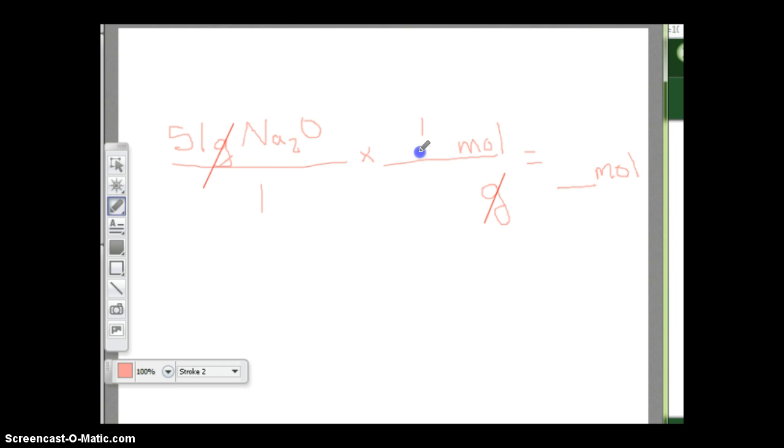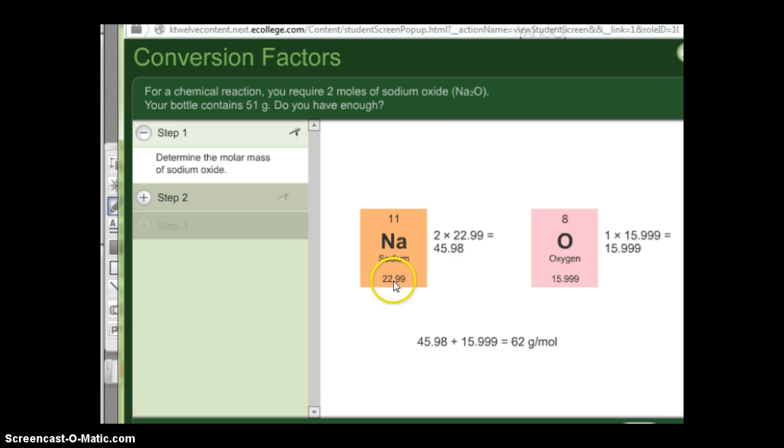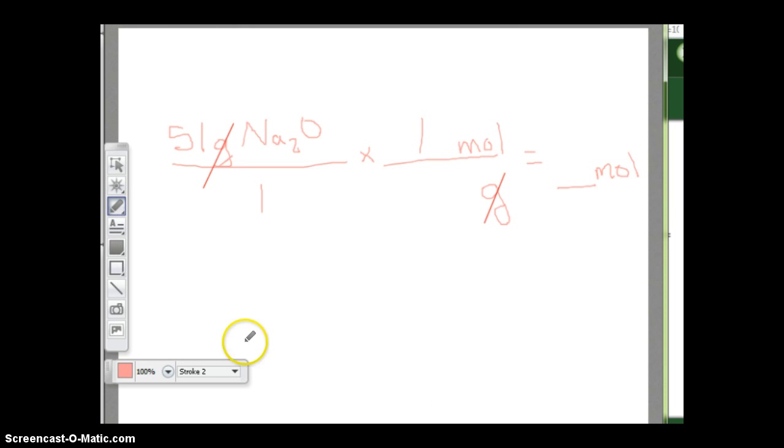Okay, so 1 mole is how many grams? Well, I want to look at my periodic table. And so when I do, each sodium is 22.99. All right, so sodium equals 22.99. And how many sodiums do I have? I have 2 of them.